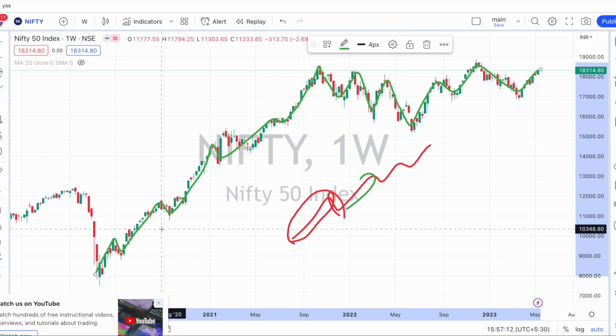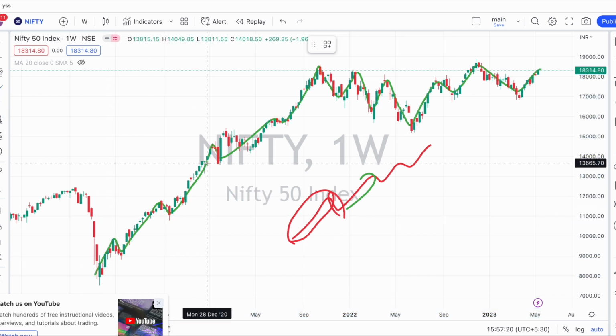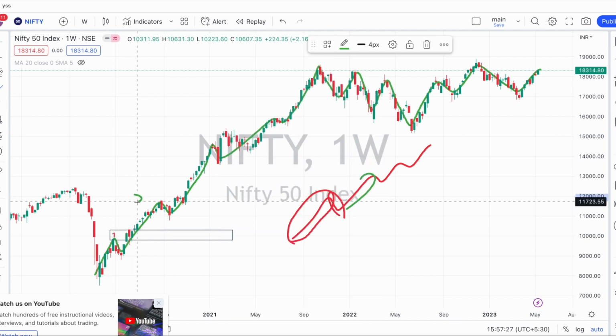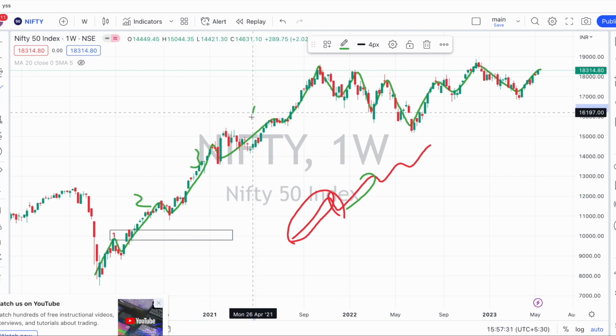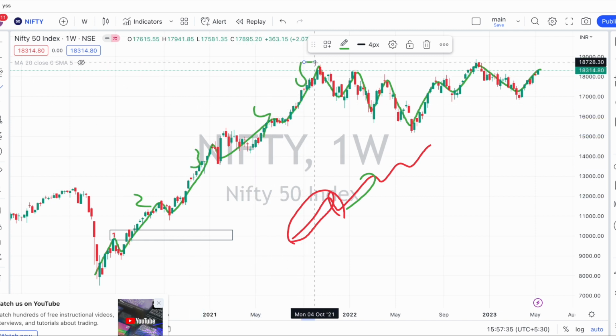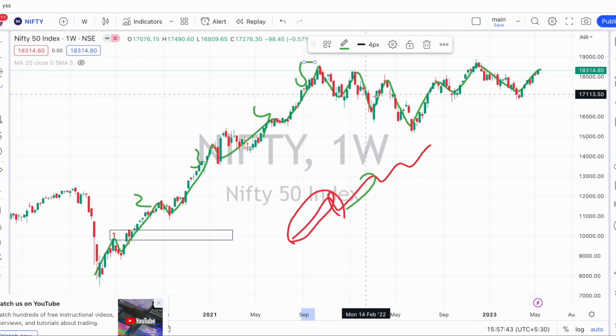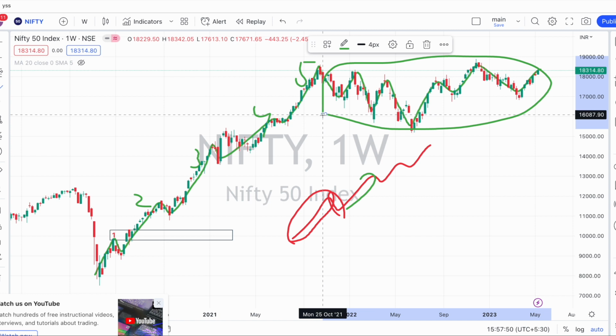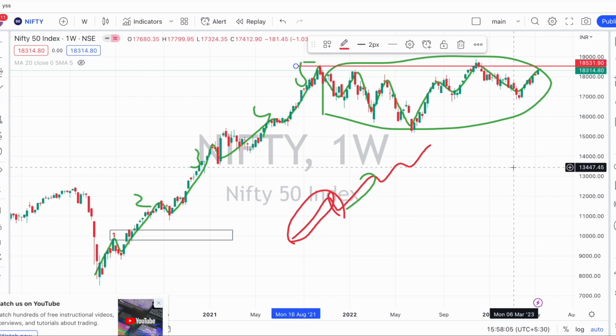If you look at the chart from here, there were 1, 2, 3, 4, 5 consecutive strong moves from the buyers, and after that the 6th, 7th, 8th and 9th moves that you can see over here are strong from both the buyers and the sellers, which means the market is taking a pause over here, and currently there is no direction in the market.